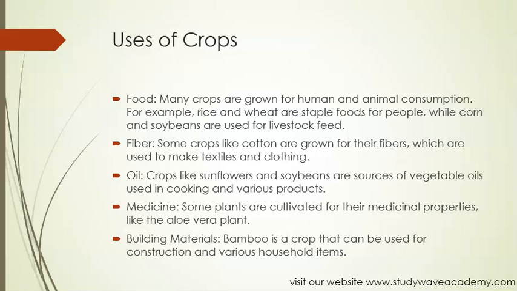And we also talked about how to sort them in two groups, the monocot crops and dicot crops. We said the monocots are plants that start growing from one tiny leaf, and the dicots are plants that start growing from two tiny leaves, right? And we have also talked about their uses for food, fiber, oil, medicine, building materials.